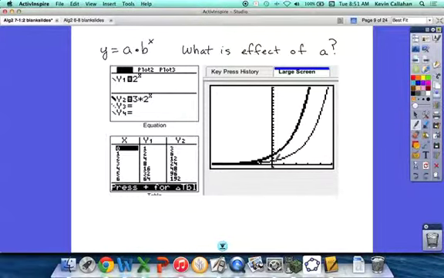So here it was 1, here it's 3. And the whole graph is a vertical stretch. And 3 there is the y-intercept.